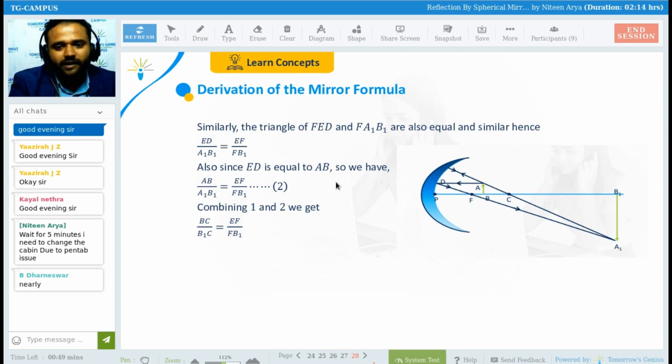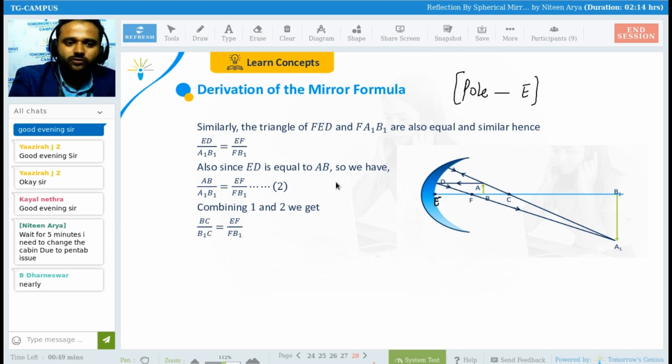Instead of making P, I can make this P. That is going to be more clear. We can take the pole instead of P. Pole is E here. Is this clear now? Because that is easier to make, since otherwise I would be repeating again and again.